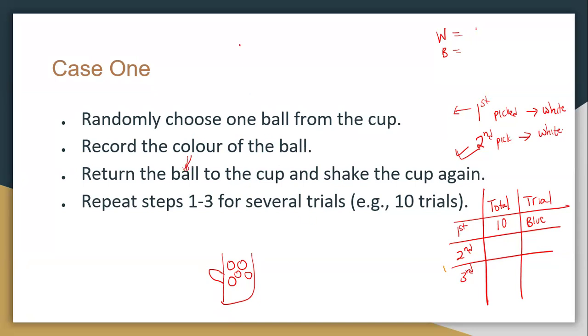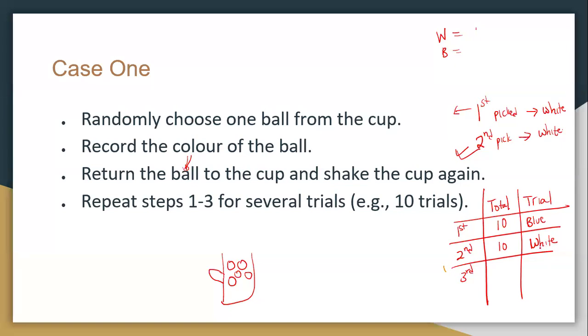So what is the total we have now in our cup, members? Chema said 10. Second trial, we have 10. Put it back and check your cup. I've picked for the second trial, and I've picked still a white ball.